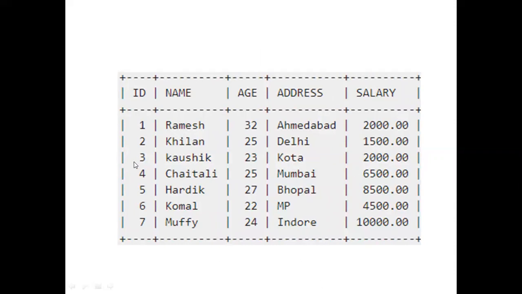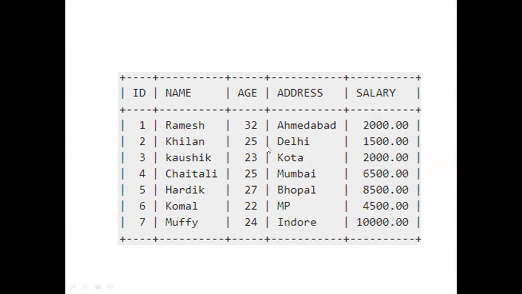Now if you want to display only the specified rows, these are the rows, isn't it? For example, I want to display all the records whose salary is greater than 2000, or only the record whose salary is 10,000, or only the record of Kaushik.